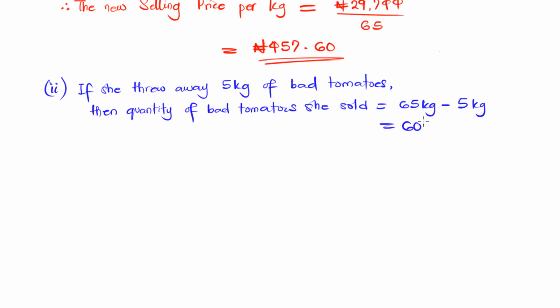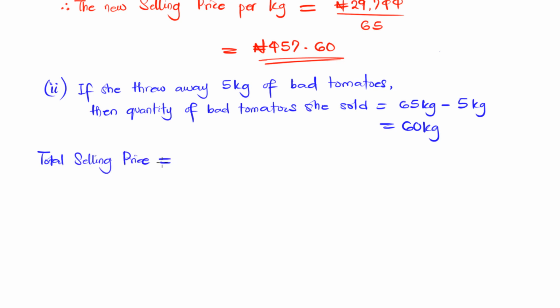So the quantity of bad tomatoes she sold after throwing away 5 kilograms will be 65 kilograms minus 5 kilograms. That's 60 kilograms of tomatoes sold at 457.60 naira per kilogram. You need to know that. These 60 kilograms that are bad, each kilogram is sold at 457 naira 60 kobo.